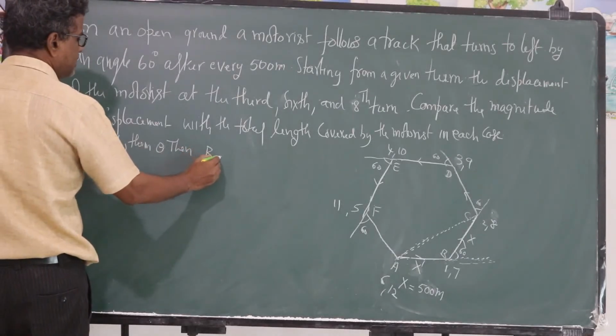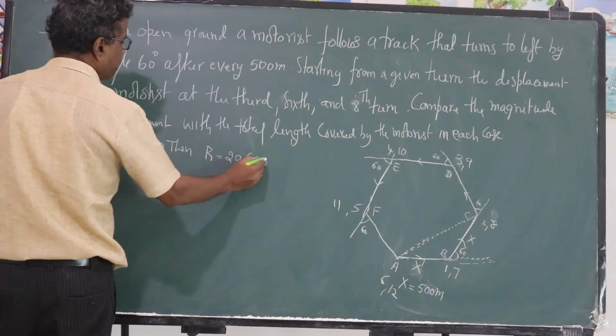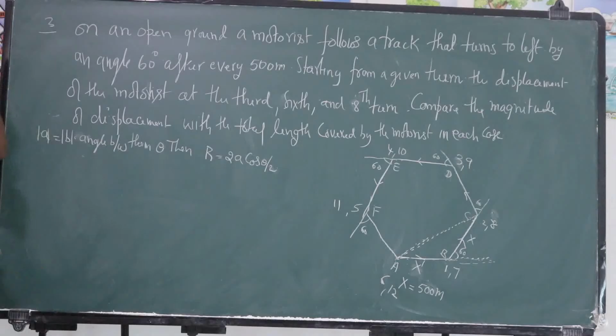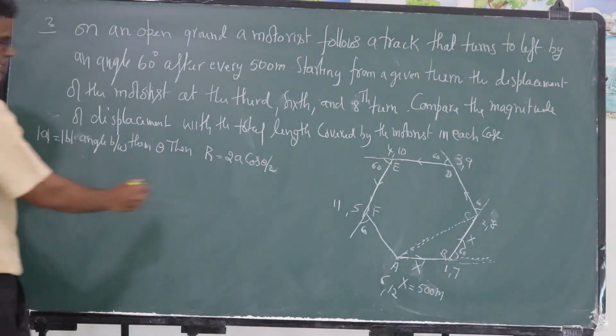The resultant is 2a cos theta by 2. So I am using this one, 2a cos theta by 2. Here I am adding the first and second vectors.